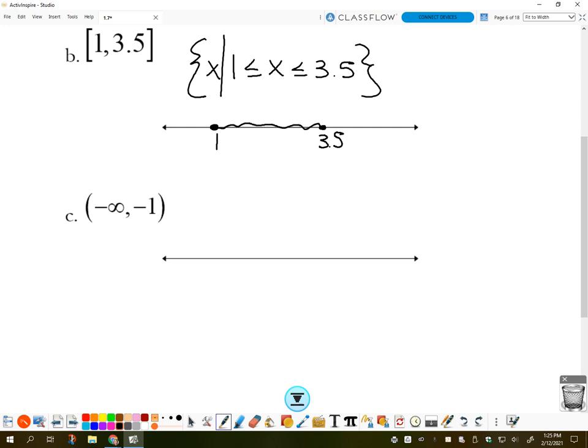Alright, so for C, negative infinity is this direction. So we want to start forever to the left and go to -1, and it's an open circle because it's a parenthesis. So if you wrote this in set builder, you would say I want x to be less than -1, not equal to because that's not closed, that's a parenthesis, and then put the fancy stuff to make it look like set builder. Alright, well, that's all.